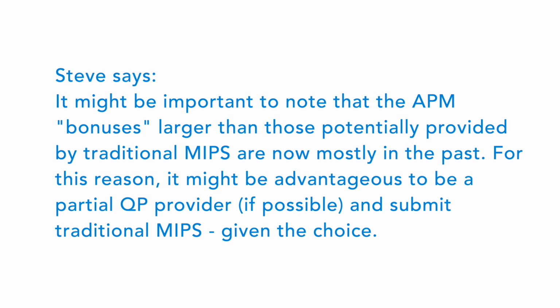It will go down to 1.88% in 2026 based on 2024 attribution and QP status. And starting in 2027, the incentive will only be a 0.75% boost to the conversion factor on the physician fee schedule. It might be advantageous to be a partial QP if possible and submit traditional MIPS.